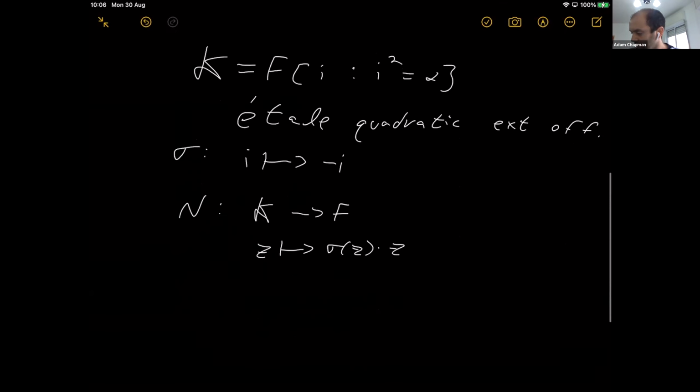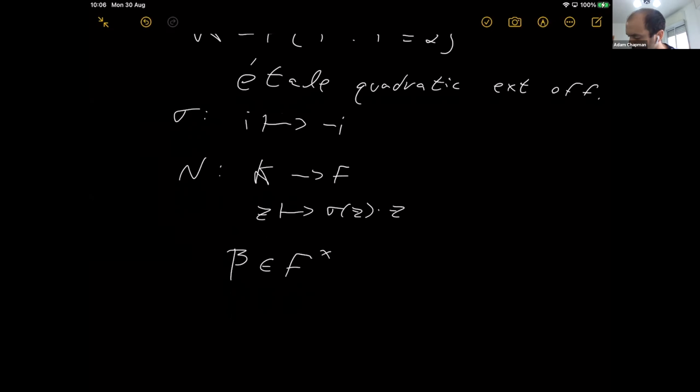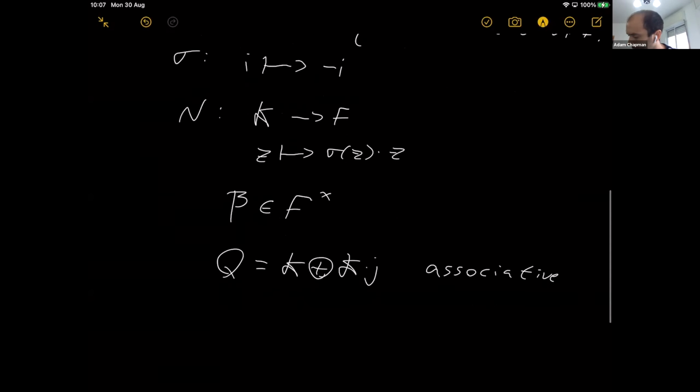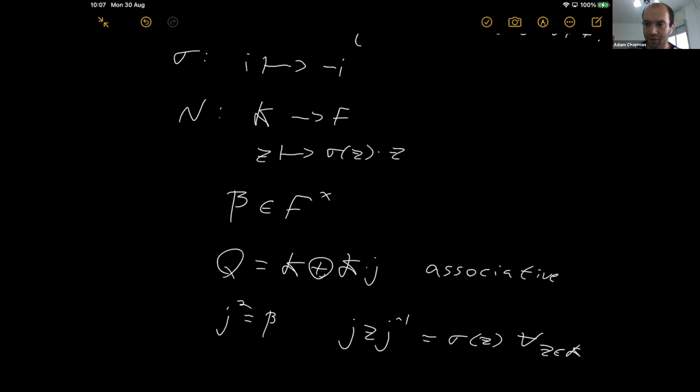So you pick another element, b or beta. You take some beta in F. And now you construct an algebra Q by taking K direct sum K times some j. You want this algebra to be associative, and then j squared to be equal to beta, and j z to be sigma z times j for any z in K. And that's what we call a quaternion algebra.